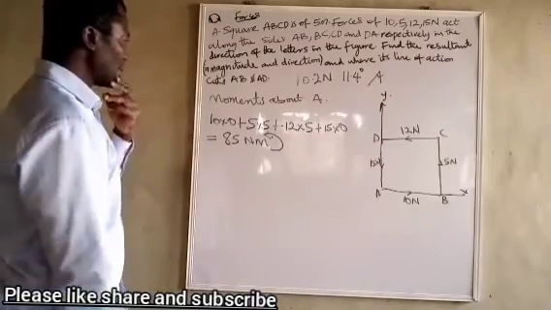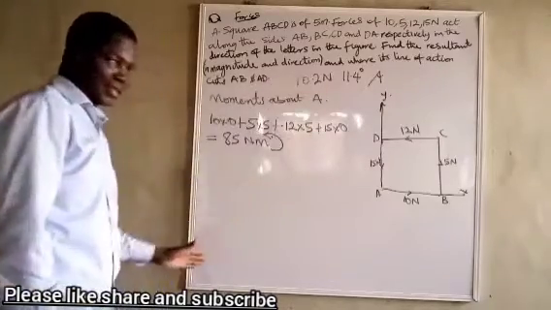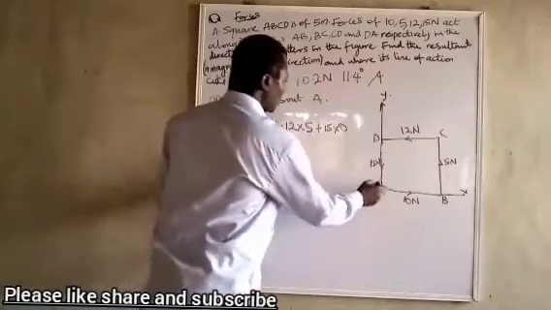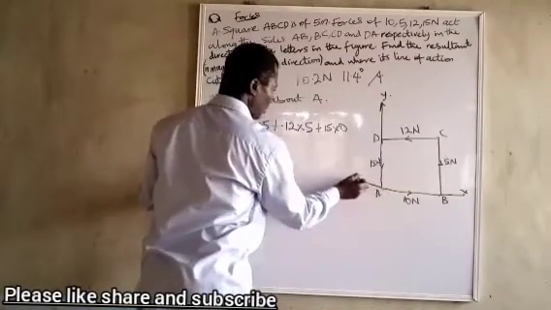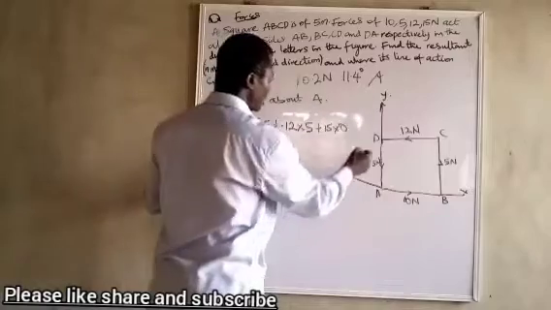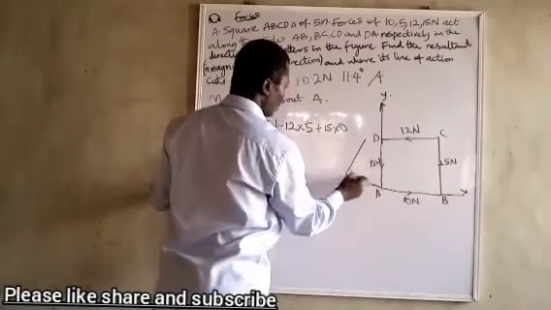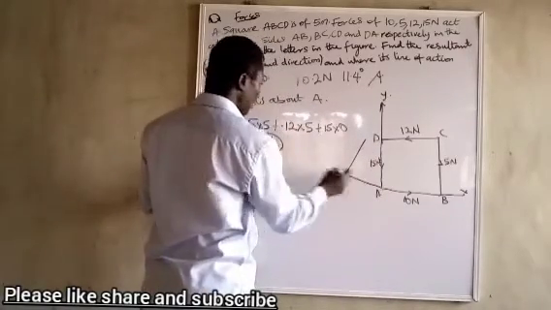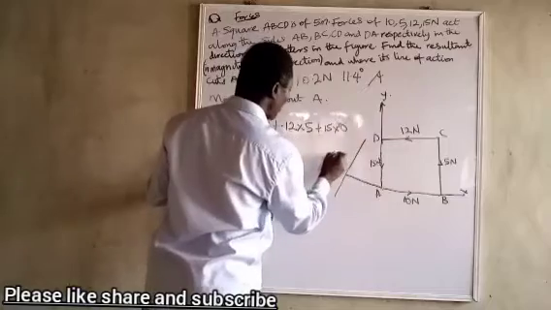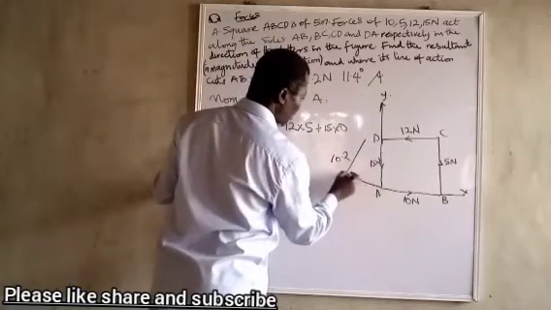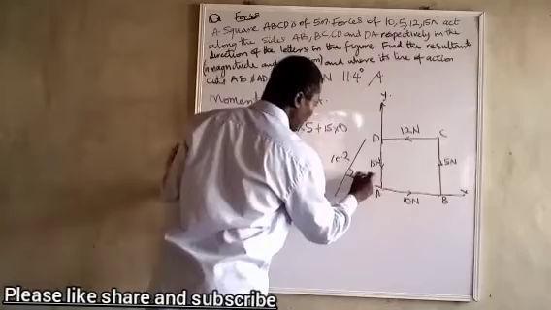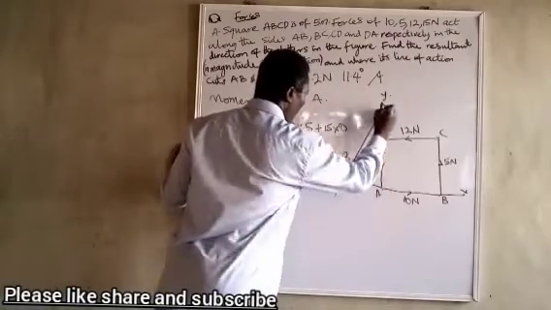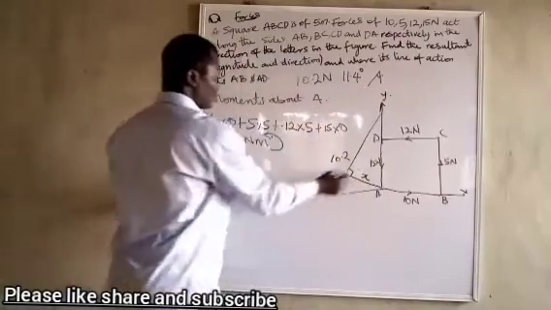We also note that if this one is acting in this direction, the perpendicular distance of this one from this place, you know, we have seen the direction it is acting from, so this is 10.2, and from here this will be the line of action. So let's call this place x.